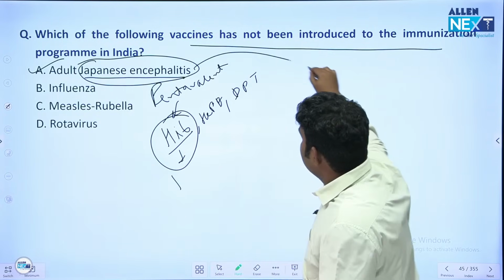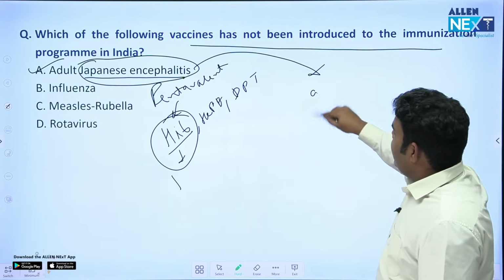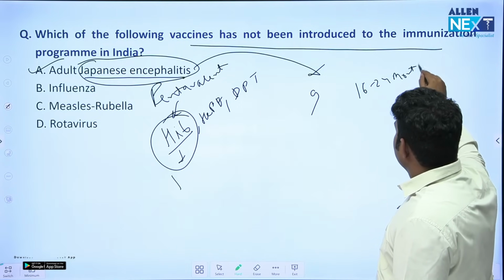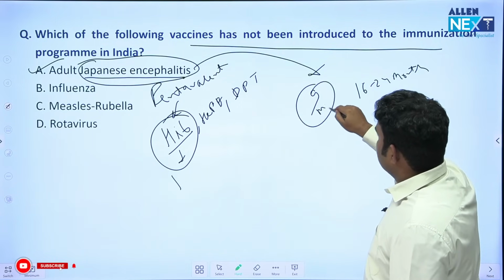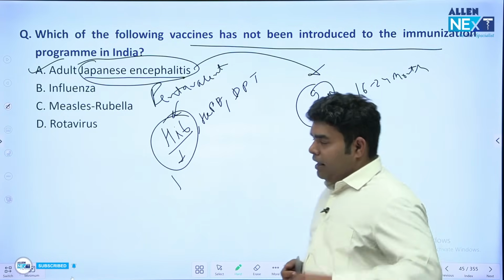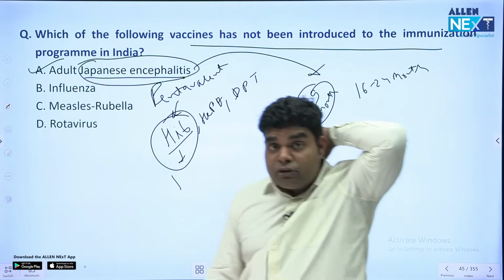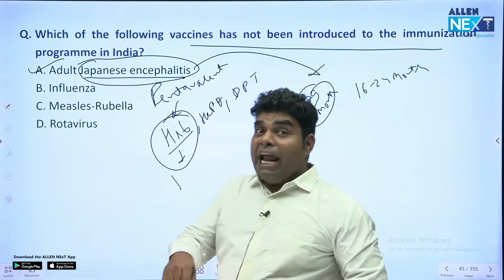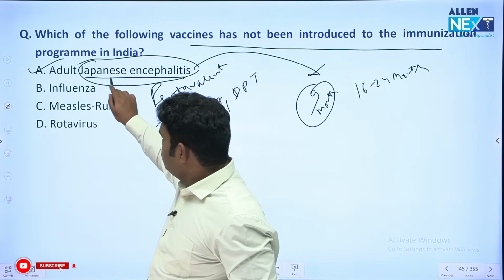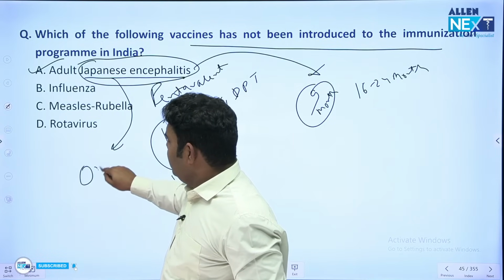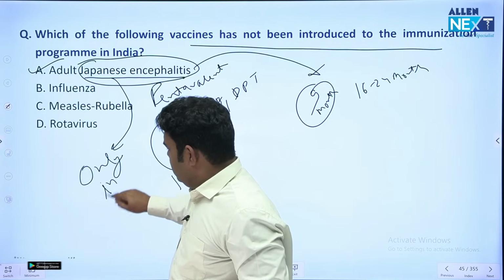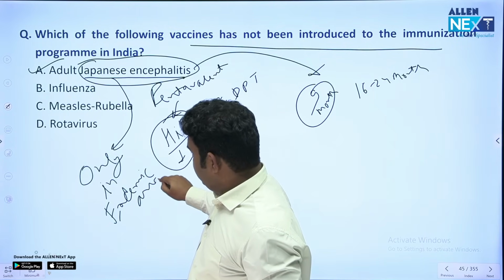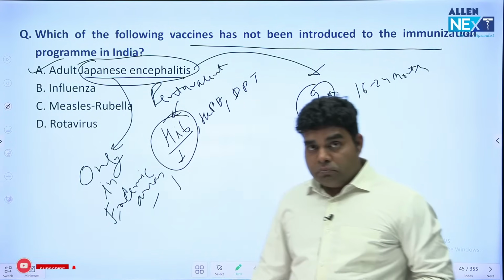We give JE at 9 months and 16 to 24 months. 2 doses we give. But in an endemic area like Gorakhpur district of UP, JE can be given to adults. So adult JE only in endemic areas, not nationwide. Okay, that's why the correct answer will be A.